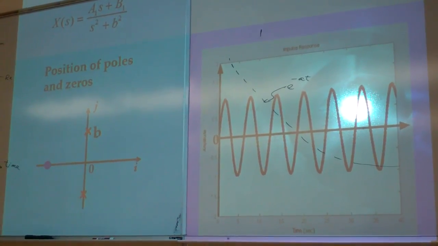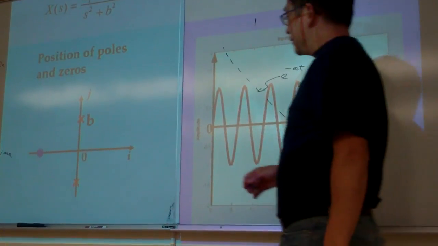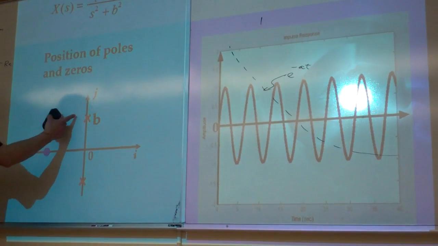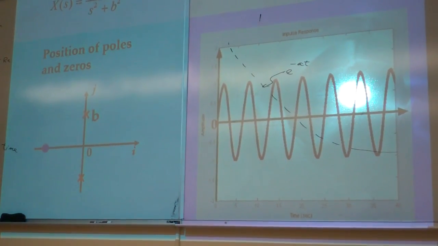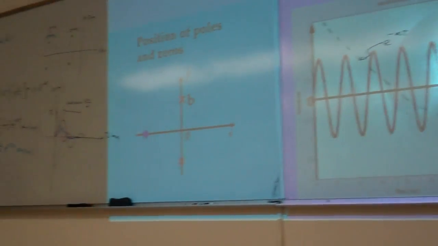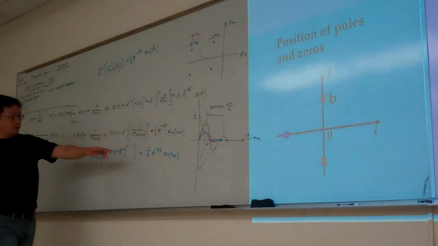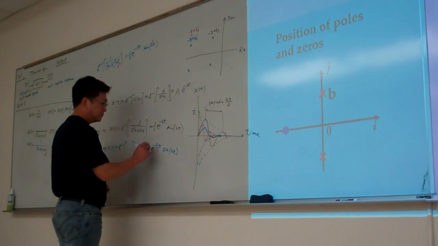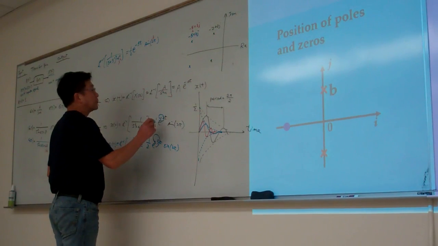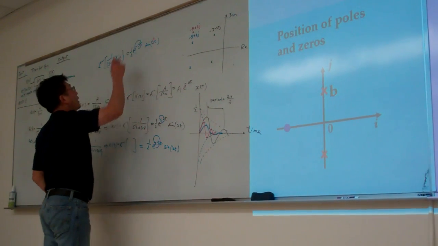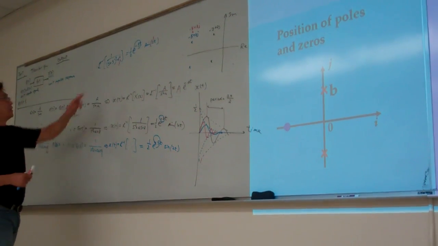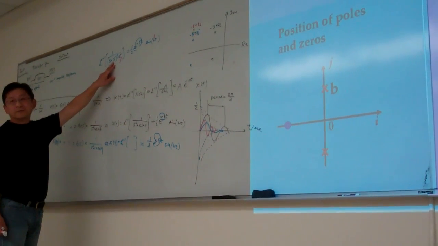And now you look at this example here. For this example, we don't have the real part. And you can see from our calculations, the real part, the exponential, this number, where is it coming from? It's coming from here, right?